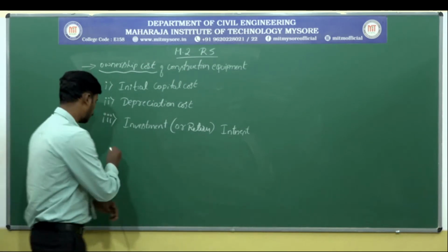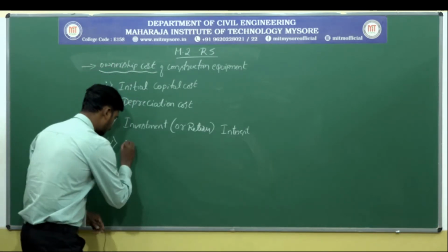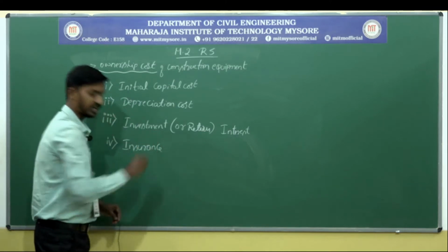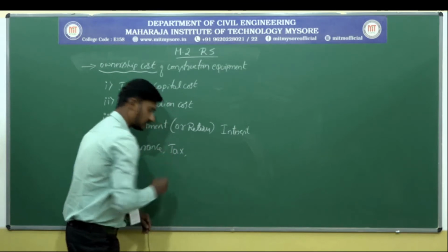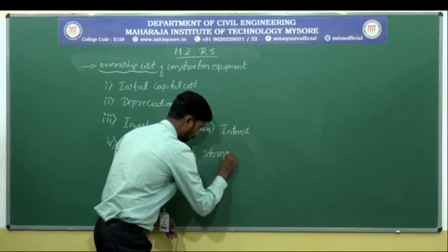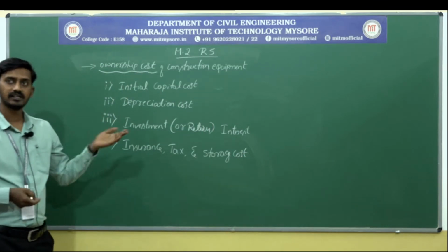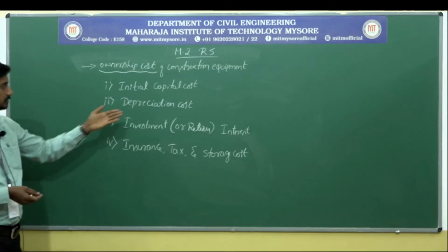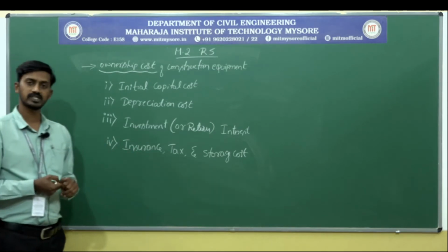And the fourth one, we could consider insurance, tax, and storage cost. In ownership cost, we are going to consider initial capital cost and depreciation cost, investment or interest cost, and insurance, tax, storage cost.